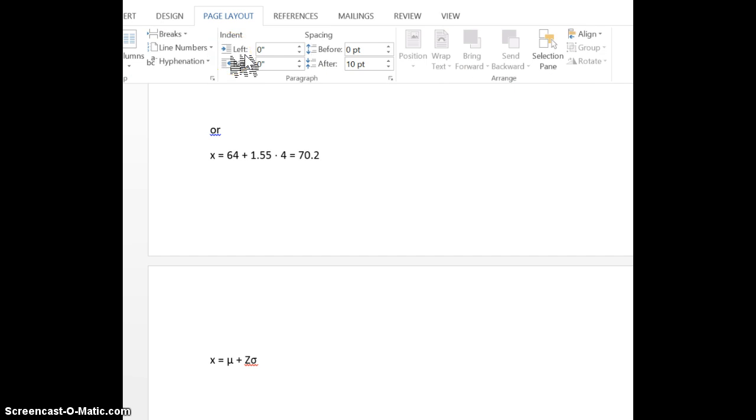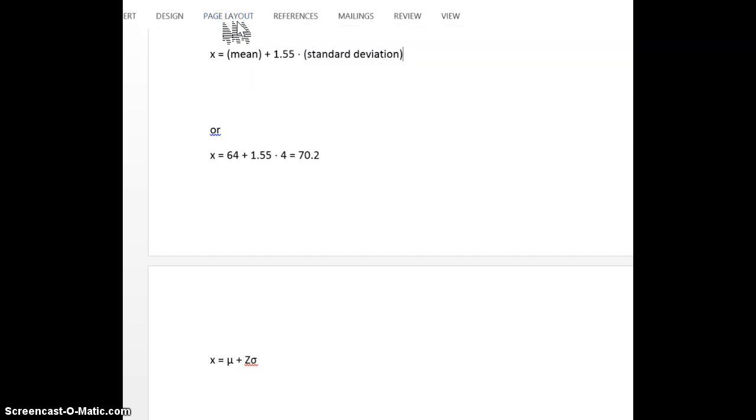But we really want to know what the x value is. So how do we get the x value? The formula is the x value is the mean plus z times the standard deviation. In this case, we're still looking at women's heights.